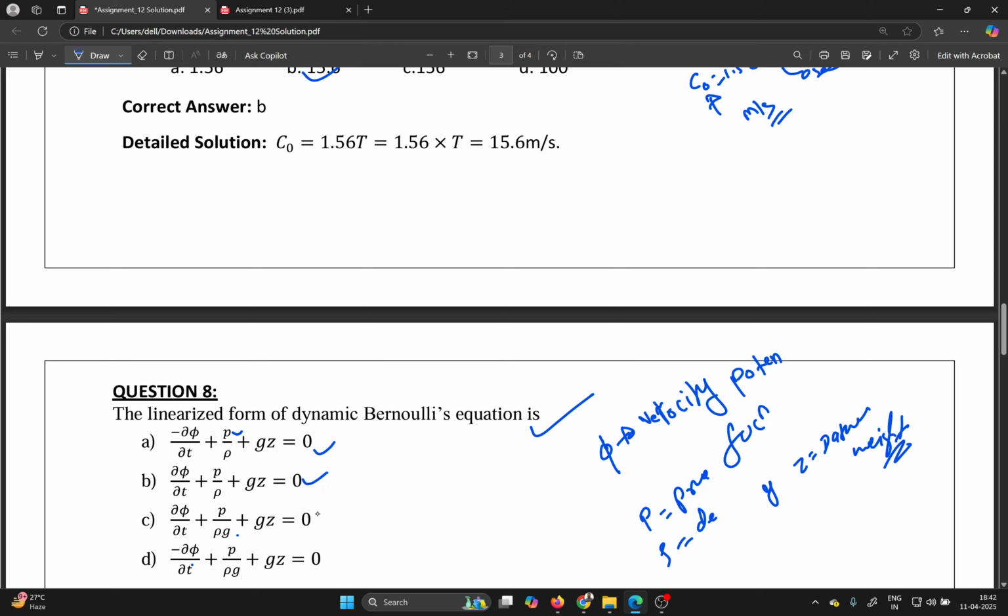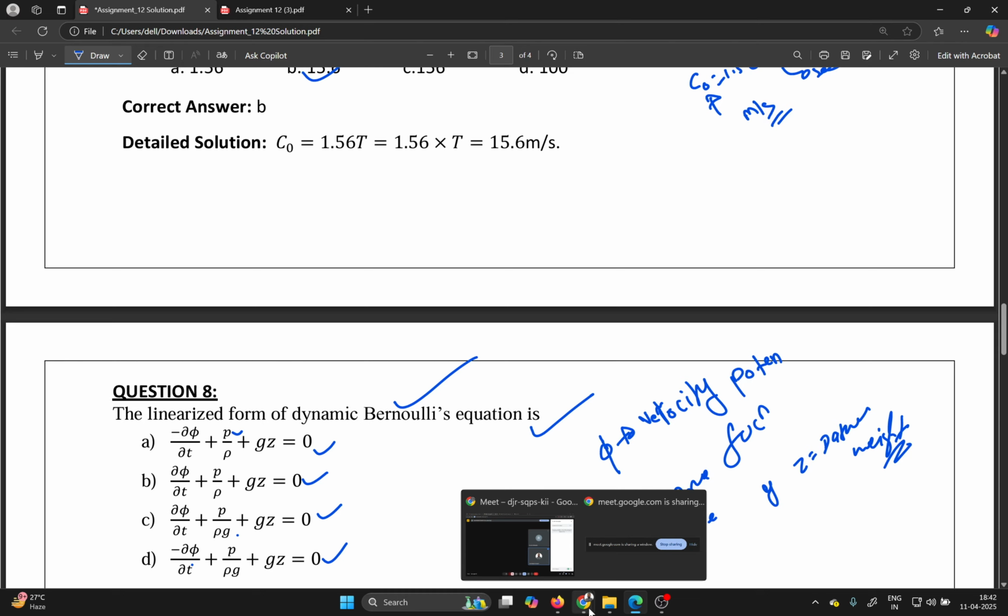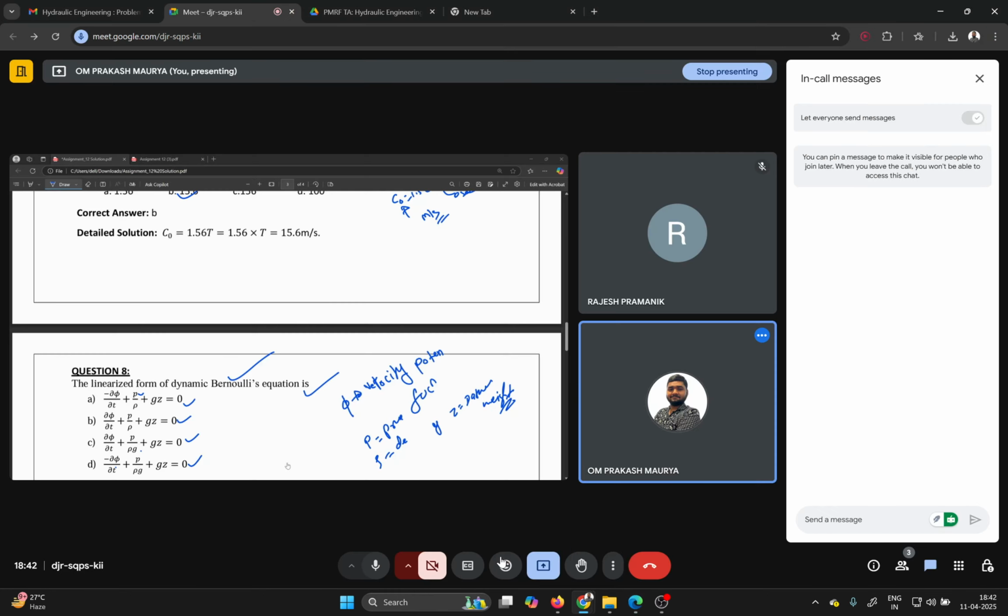So here you have the four equations. So you have to write your answer in the chat box, which option will be correct for the linearized form of the dynamic Bernoulli's equation. So question is this. You have another 2-3 minutes. So please try to write your answer in the chat box. I'm waiting.